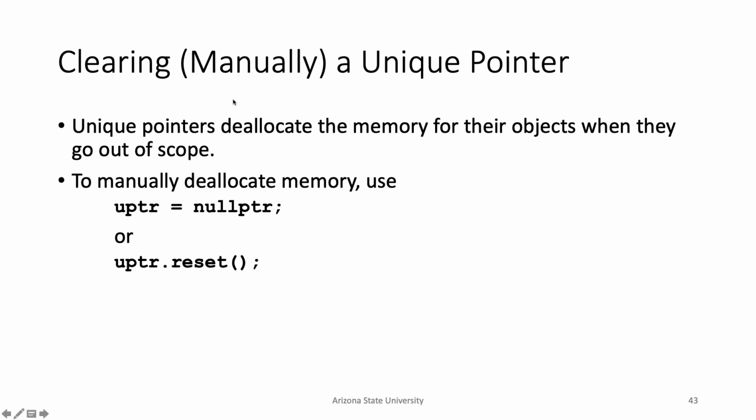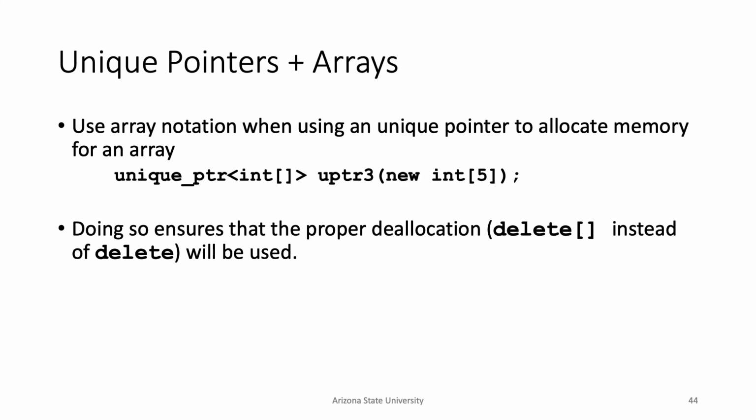But you shouldn't have to do this: if you want to clear a unique pointer, you should just let it go out of scope. But if you want to clear it yourself, you can do equals nullptr or a special function called reset on the unique pointer. You shouldn't have to do this for any smart pointer, let alone a unique pointer.